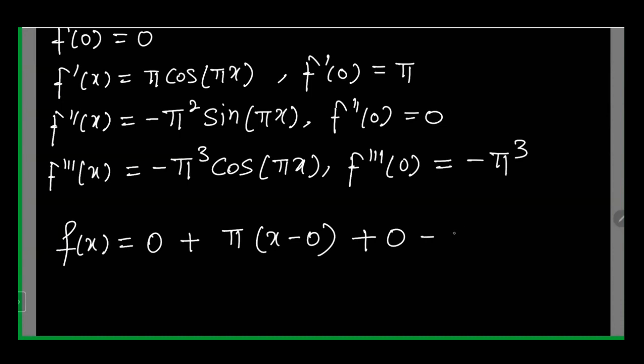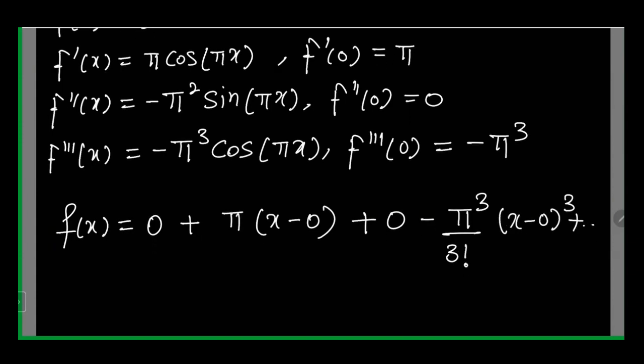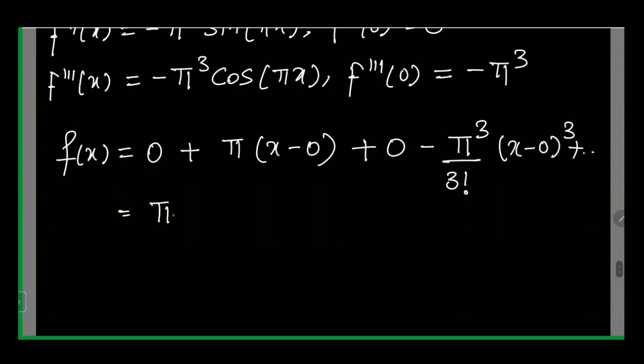Then your f triple dash 0 is minus pi cube divided by 3 factorial into (x minus 0) whole cube. And you can keep on going like this. So what you will get is pi x minus pi cube by 6 x cube plus so on, so on, so on. So this is your series expansion of sine pi x.